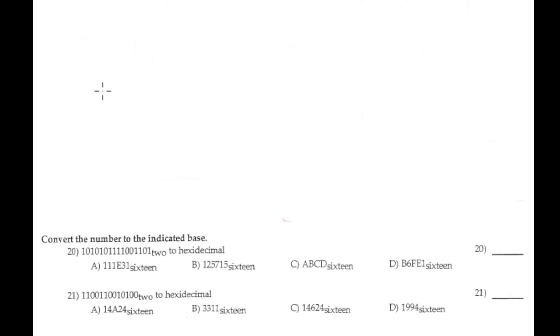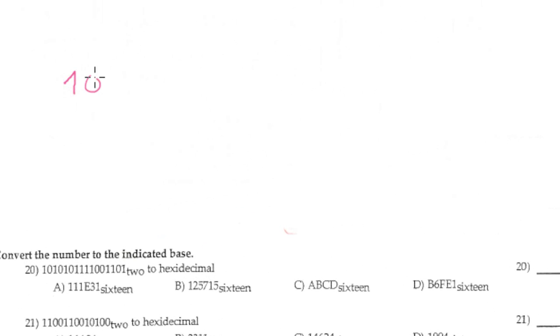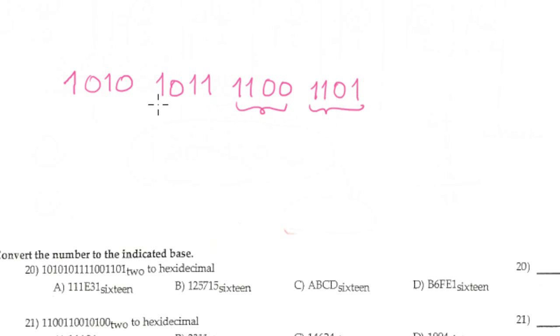Okay, number 20 is convert binary to hexadecimal. This is super easy. The only thing you should do is copy the number 1010 1011 1100 1101, and you separate 4 by 4.